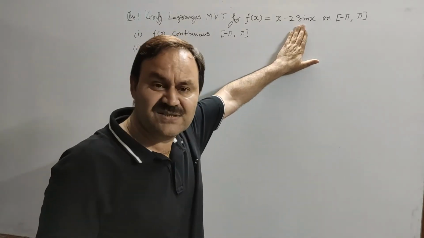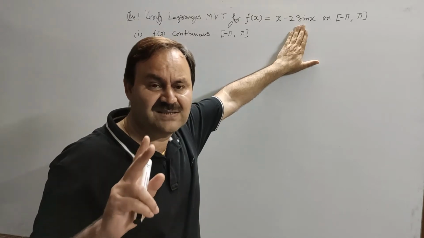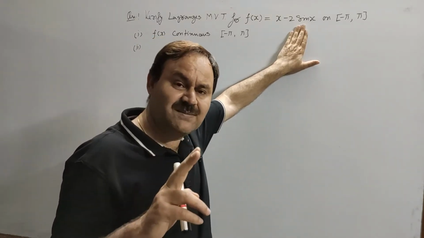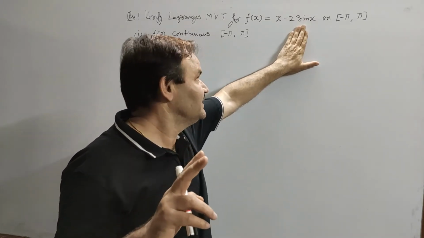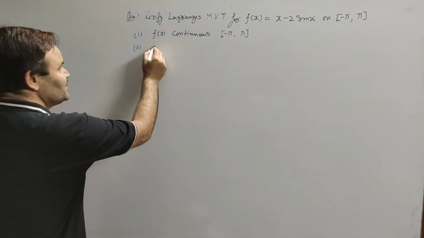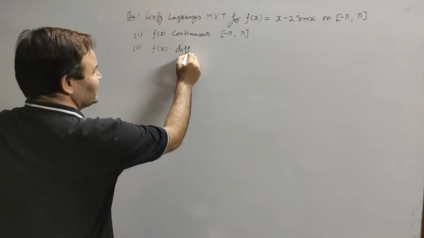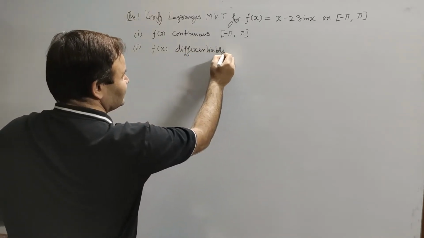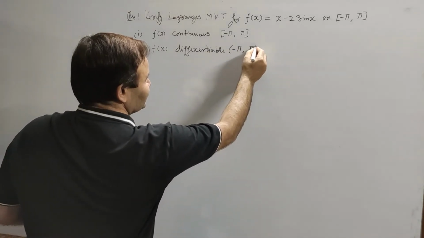Again, sin x is differentiable for all real values of x. Hence the difference of 2 differentiable functions will also be differentiable. Thus the function f(x) will be differentiable for the open interval (-pi, pi).